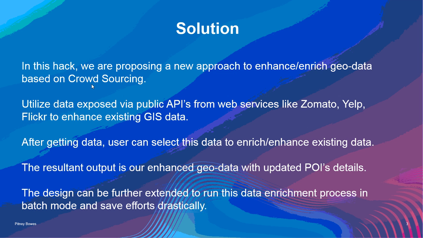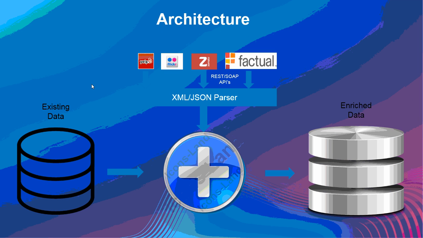Moving ahead to the architecture. As you can see in the architecture diagram, there is existing data, and some data is fetched through REST and SOAP APIs from web services like Yelp, Flickr, Zomato, and more that I mentioned earlier.